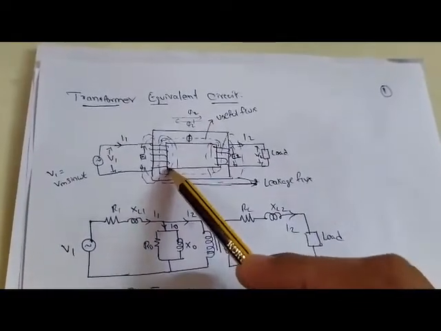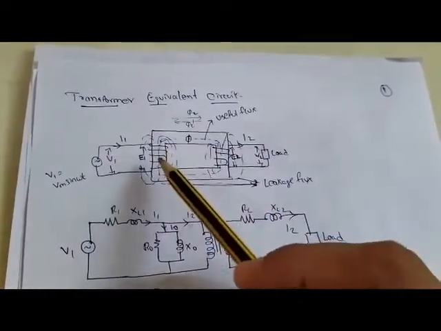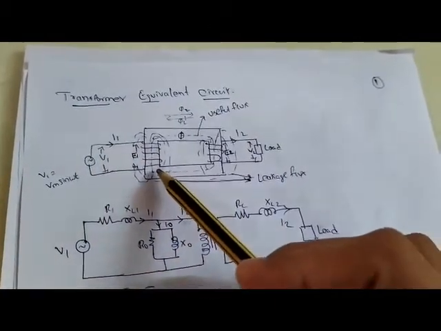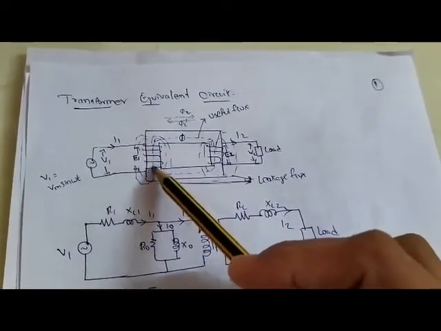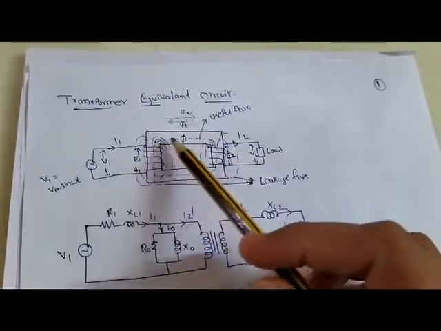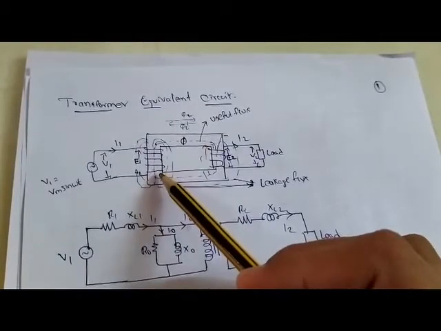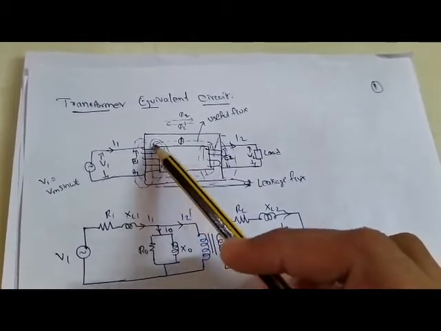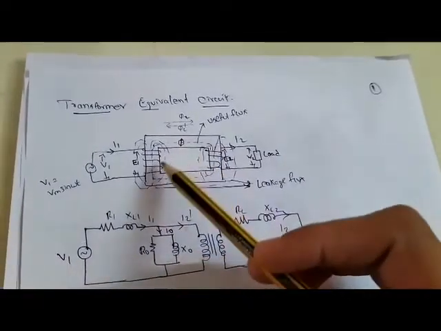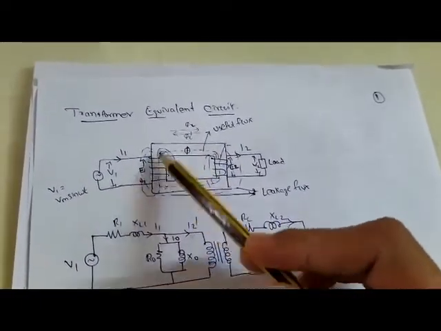of this winding. Leakage reactance means, when we feed some current into this, some flux is produced like this, that is, part of the flux is linked to the secondary and some of the flux will not link to the secondary.